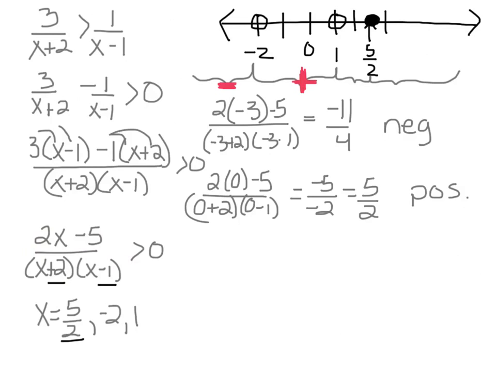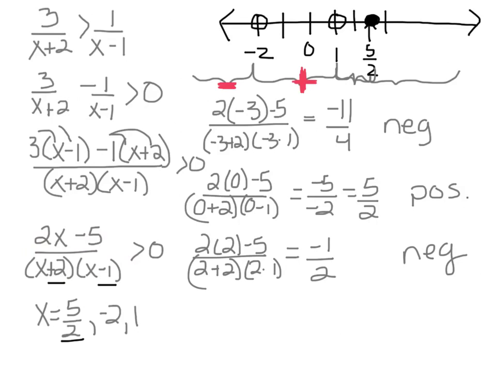Alright, something between 1 and 5/2, the easiest thing to plug in would be 2. So 2 times 2 minus 5 over 2 plus 2 times 2 minus 1 is going to be -1 on top and 2 on bottom. That's negative. So I know that wherever the graph is in here, it's below the x-axis.